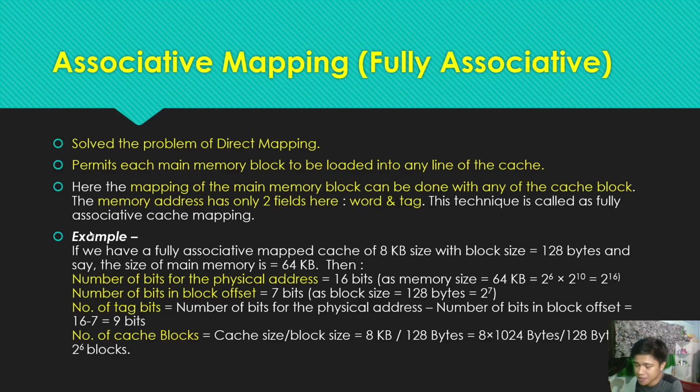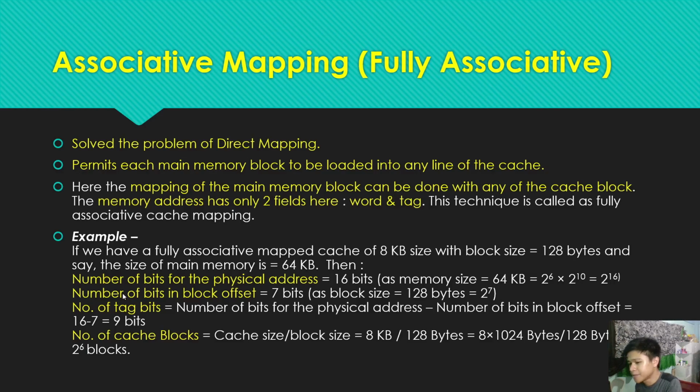For this particular example, we're going to use the same given so that we can compare them later on. We have a fully associative mapped cache of 8 kilobyte size, with block size equal to 128 bytes, and the size of main memory is 64 kilobytes. We have the same number of bits for the physical address, 2 raised to 16.